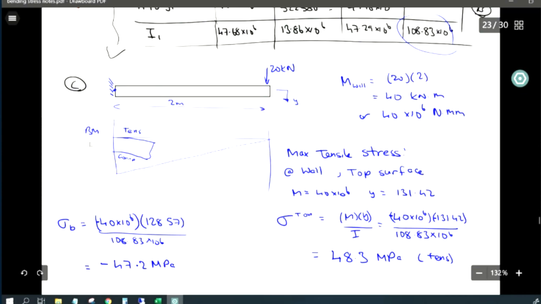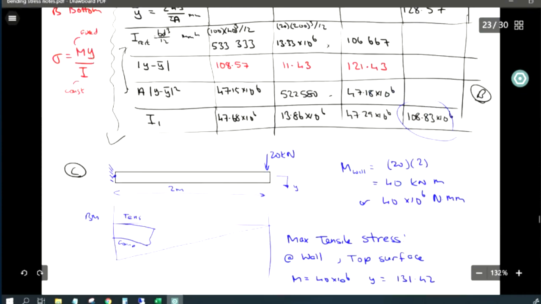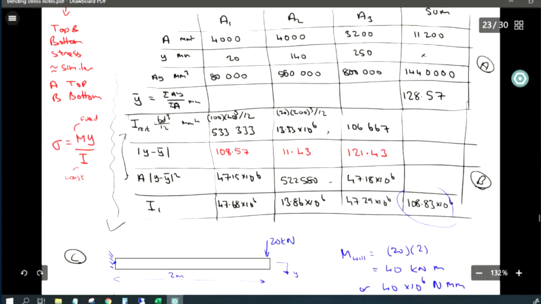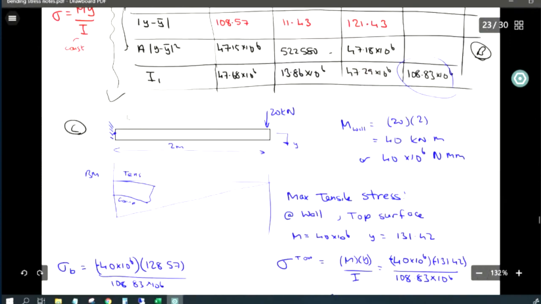Okay, so because the centroid is nearly in the middle, the values of stress at the top and bottom surfaces are nearly the same.